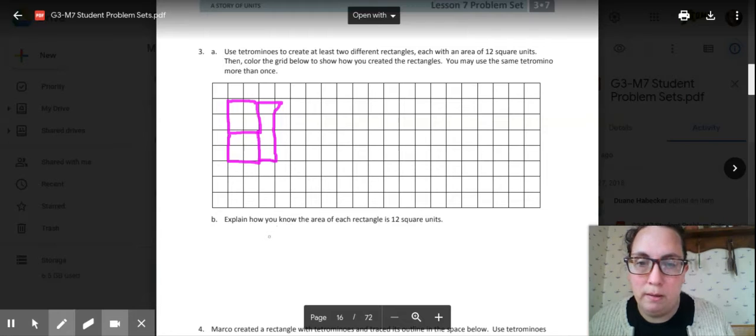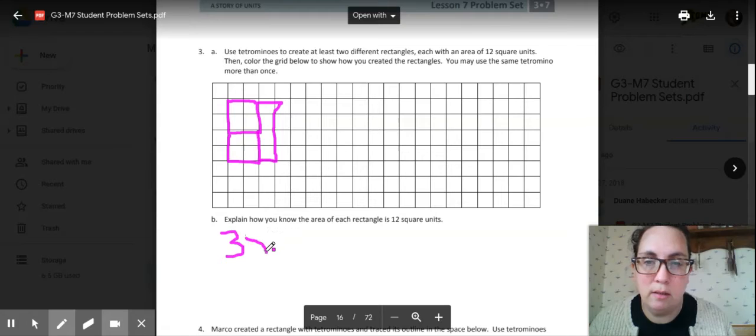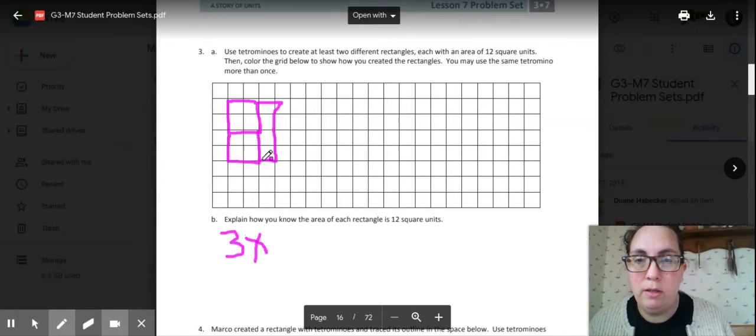For B, they want to know how you would know the area is 12. So this is where you would put a multiplication sentence, and you could use a sentence with words to explain your answer. So in my problem here, one side was 3. The other side was 1, 2, 3, 4.